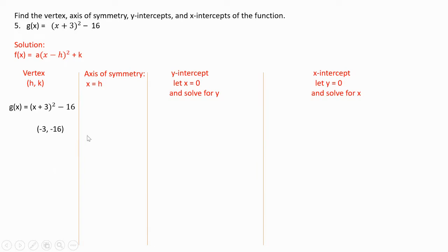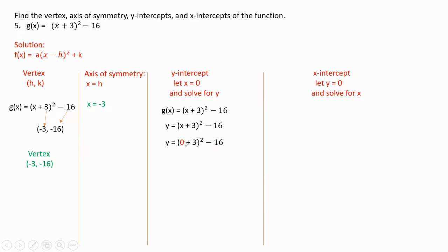So once you find your vertex, you also found the axis of symmetry, which will be my h part. My h part is the x part of the vertex. Now again, that's your vertex, so that'll be x equals negative 3. So now for the y-intercept, we have to let x equal 0.